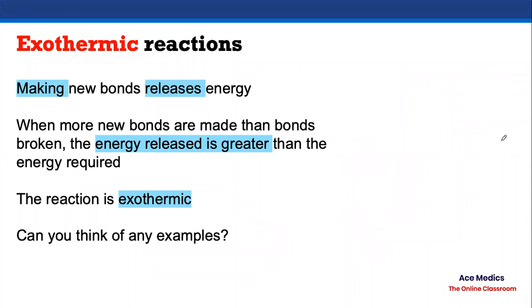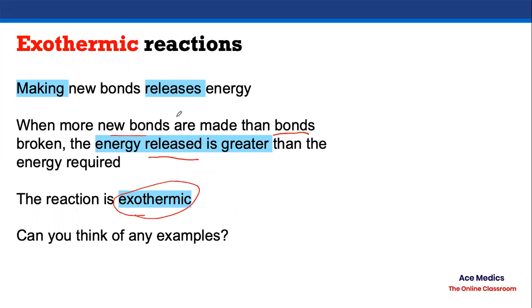So if a reaction needs to be overall an exothermic reaction, okay, what that means is that when more new bonds are made than bonds being broken, the energy released is greater than the energy that we're putting in, or the energy that is required. So this will be an overall exothermic reaction.